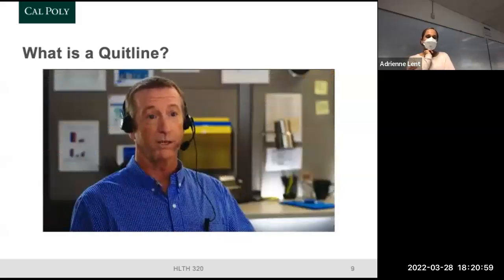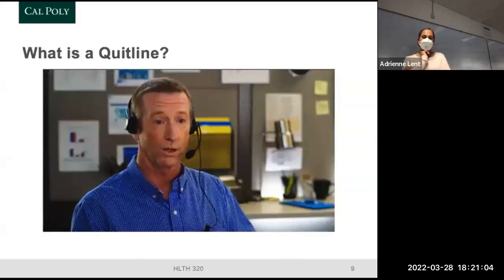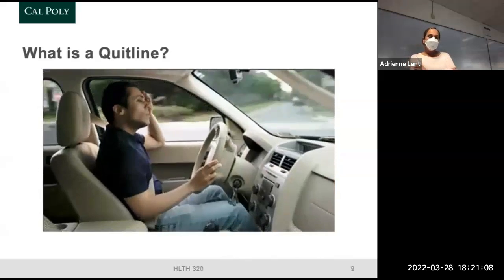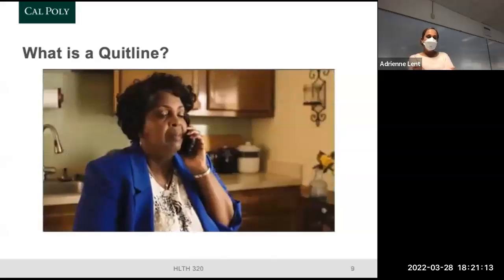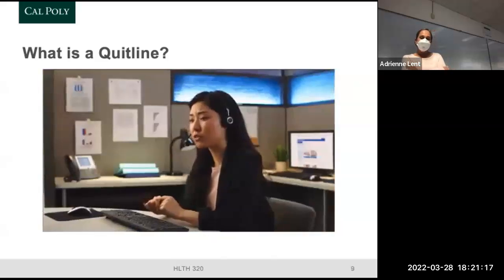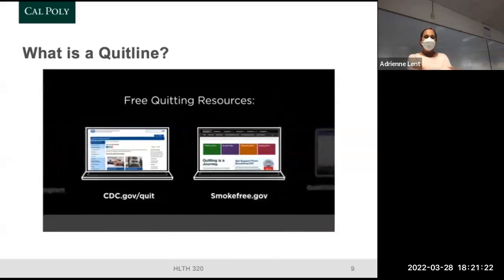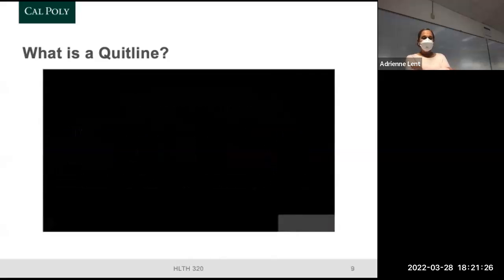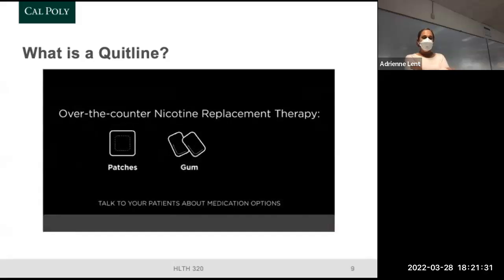An exception would be if you mentioned an emergency or crisis that was a clear danger to you or someone else. Quit coaches can help callers understand tobacco dependence, nicotine withdrawal, cravings, and triggers. They can also help callers learn ways to cope with difficult situations and let them know about resources that can help them quit. These include texting programs, websites, and mobile apps. Quit coaches can provide callers with information on cessation medications and how to correctly use them, including nicotine patches, gum, and lozenges.